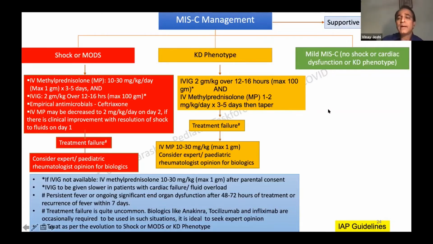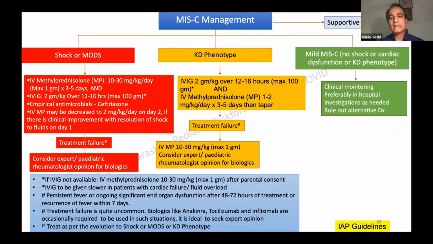Now coming to the milder variety, where there is fever and other non-specific signs and symptoms, and the child doesn't have any signs of shock, cardiac dysfunction or KD phenotype. This child requires intense, careful clinical as well as laboratory monitoring in the hospital setup. One should do the investigations as needed and always look for an alternative diagnosis.